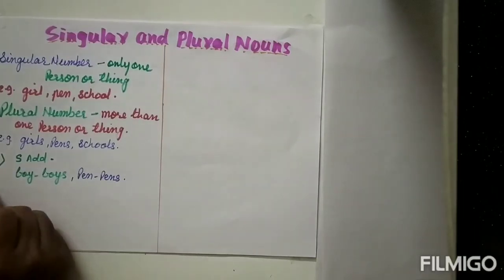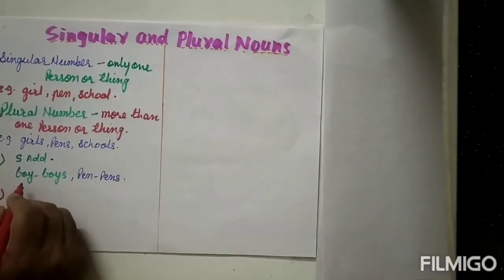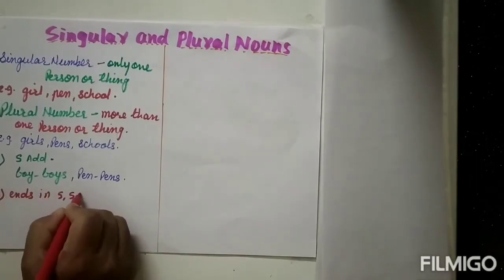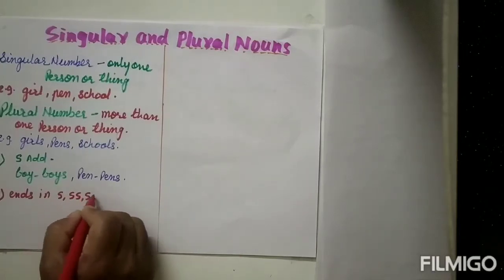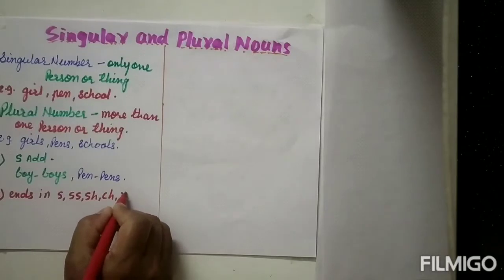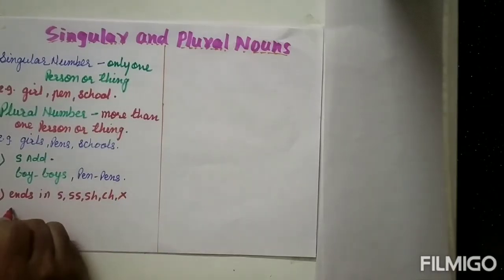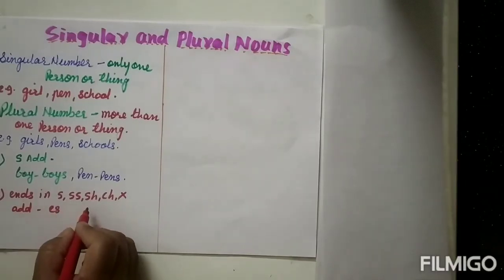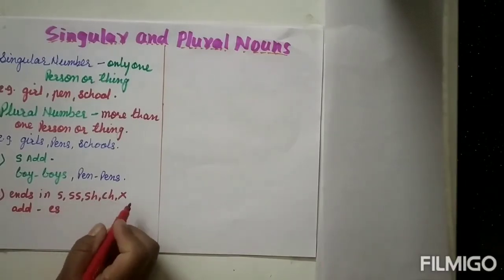Now second rule is, if nouns end in s, double s, sh, ch or x, then we add es to its singular form to change it into plural form.